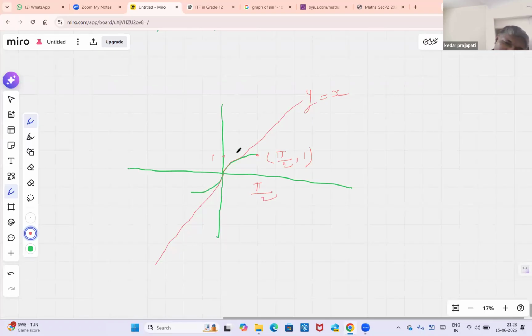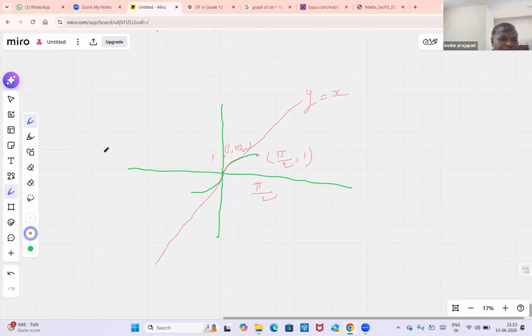So once you change it, what will it become? 1 comma pi by 2. So it will become 1 comma pi by 2. So definitely 1 is on the x-axis, right? And pi by 2 is on the y-axis.